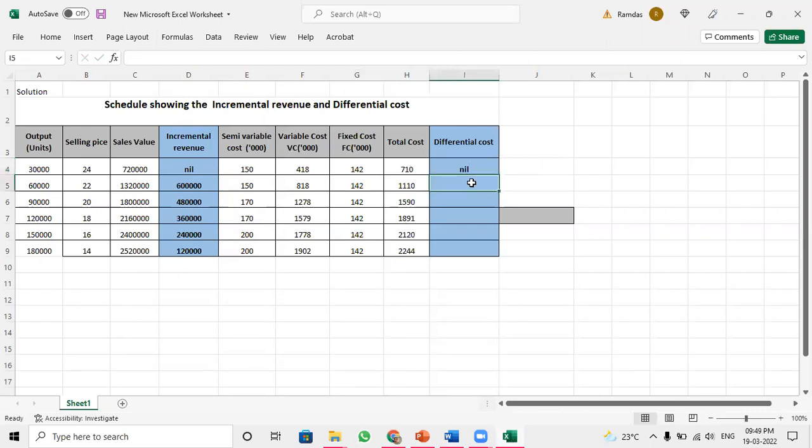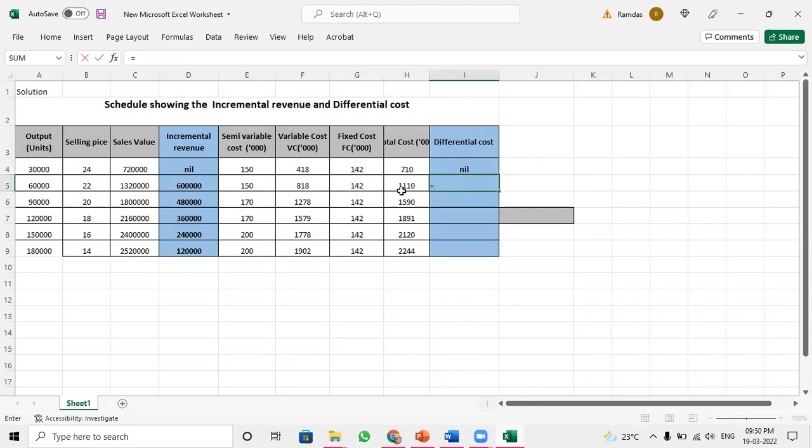Now coming to the second level, from 710,000 the cost has increased, which shows an increasing cost. So what is the increase in cost over the period of time?